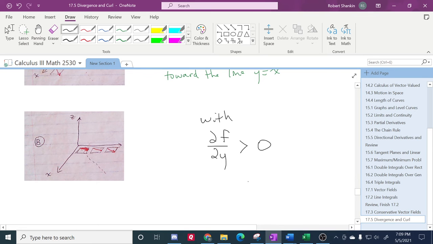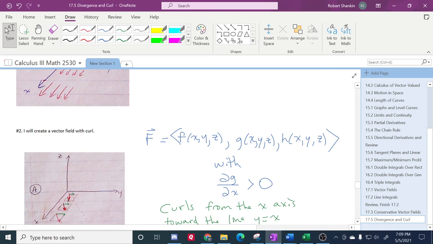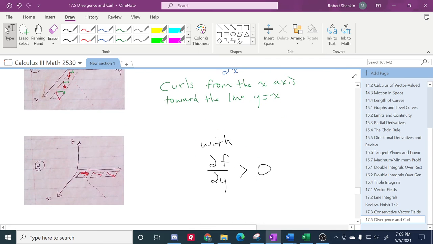Now, because this is the x, y, z position, if you take one of these functions and take its partial with respect to one of the other two letters, y or z, and as long as this is non-zero, you're going to create some kind of turning force.